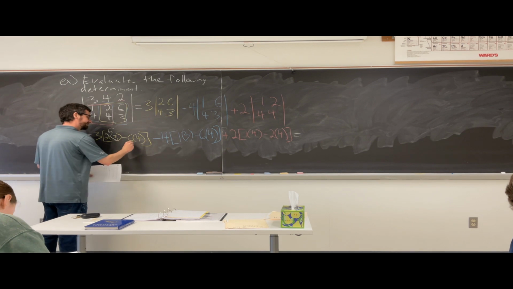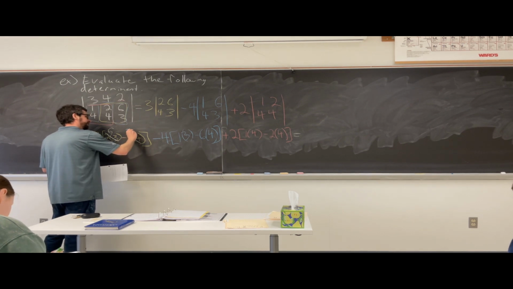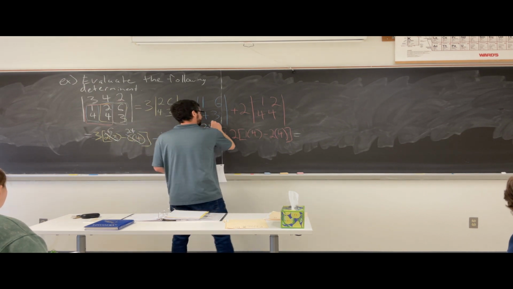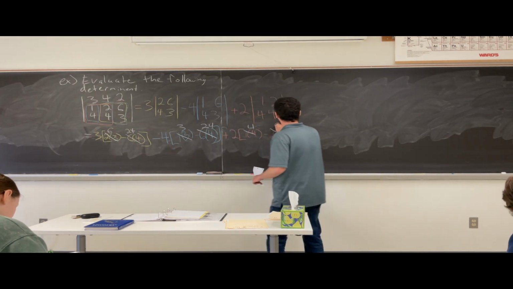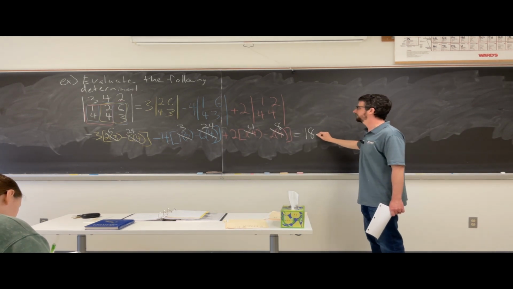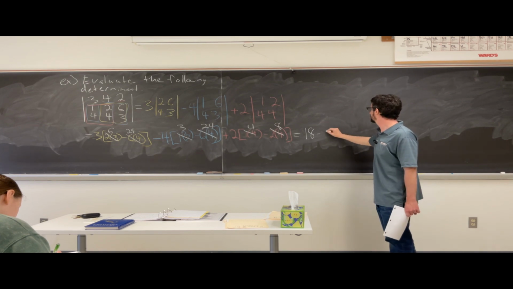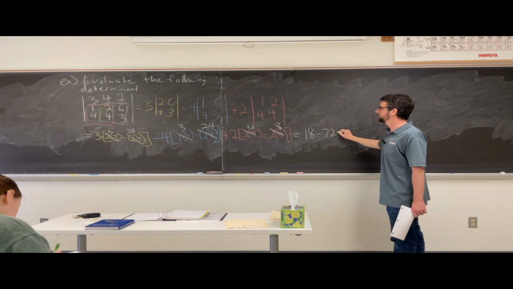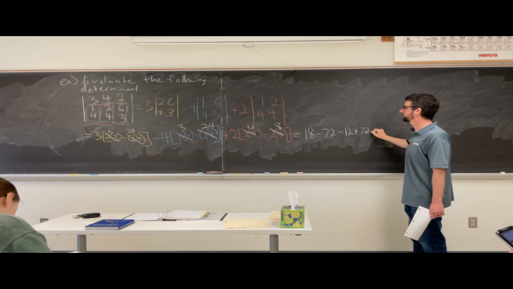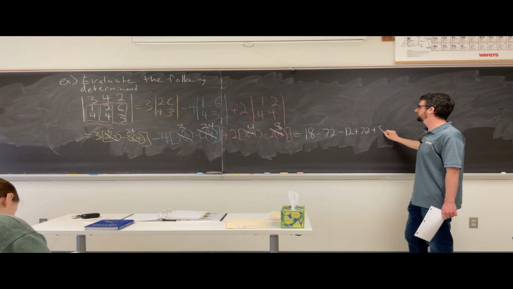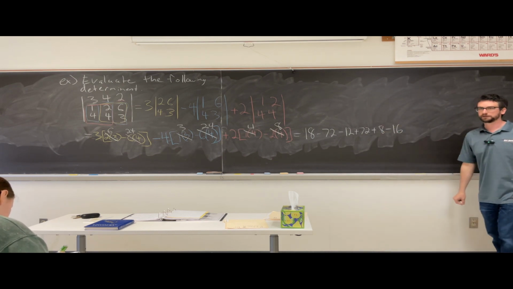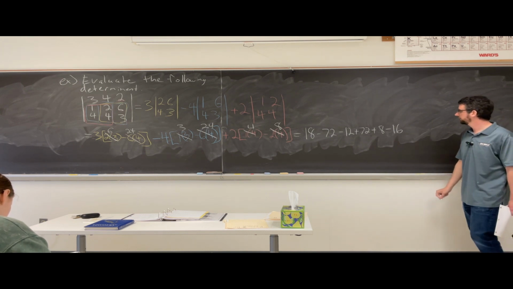So you got 6, 24, 3, 8, 18 minus 3, 72 minus 12 plus 8 minus 16 is what I got, I think.